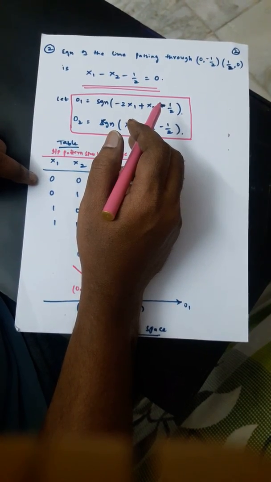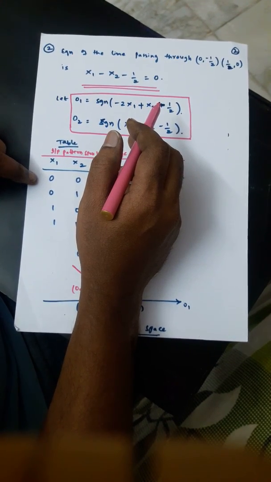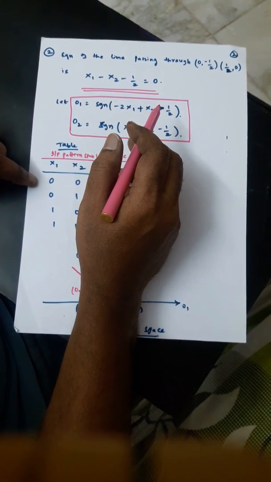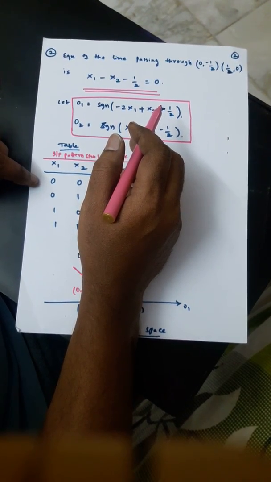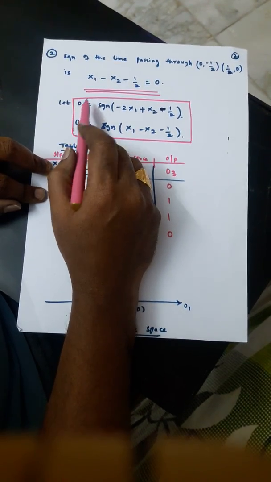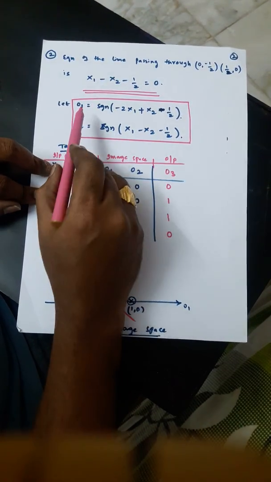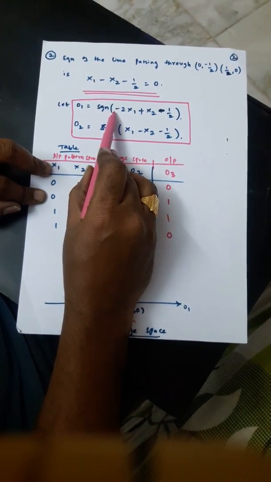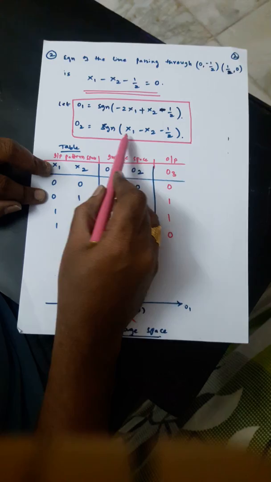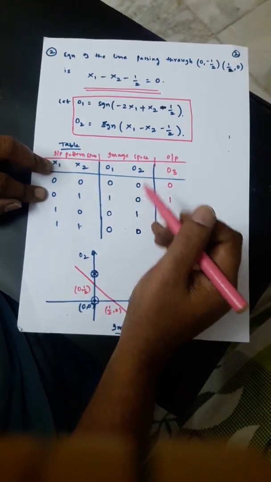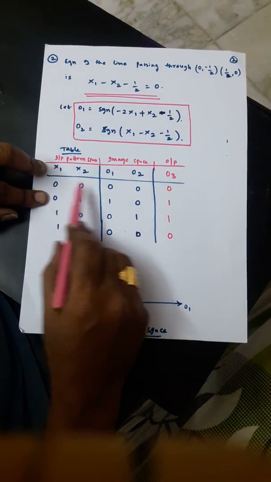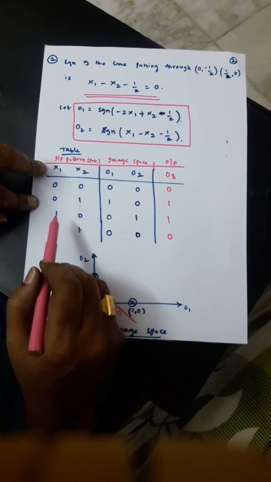Signum of x is equal to 1 whenever x is greater than 0, and signum of x is equal to 0 whenever x is less than 0. So let me name these equations O1 and O2, where O1 is signum of minus 2x1 plus x2 minus 1 by 2, and O2 is signum of x1 minus x2 minus 1 by 2. So these are the two equations. Let me once again draw the table indicating x1, x2, O1, O2.